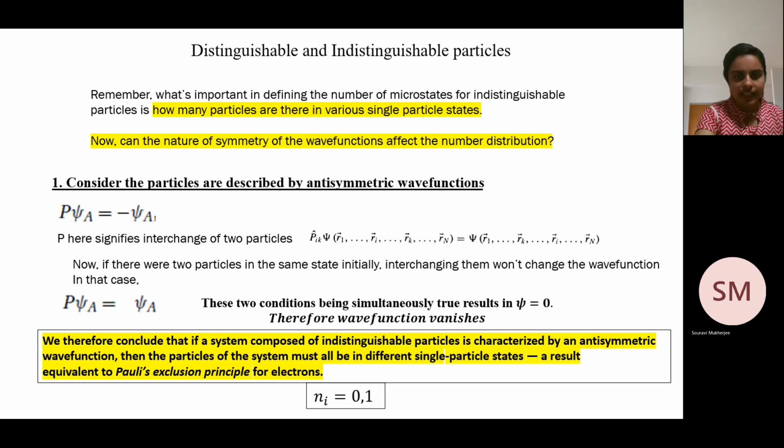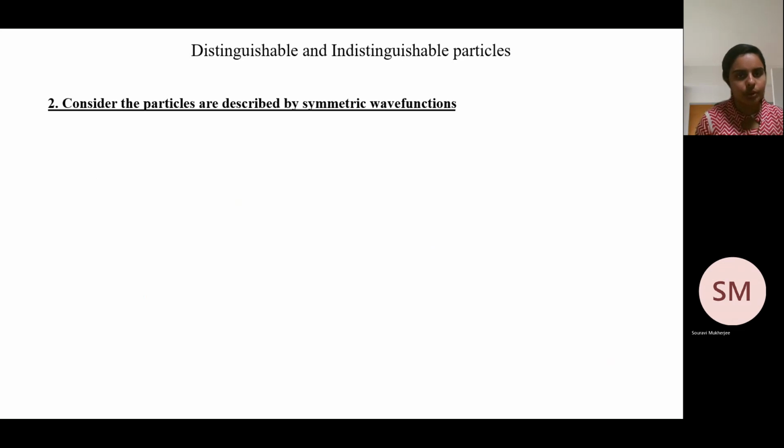That means if Ni is the number of particles in the ith single particle state, it would be either 0 or 1. So this is what happens when you have particles described by antisymmetric wave functions, like fermions. But now if you have symmetric wave functions, what happens then?